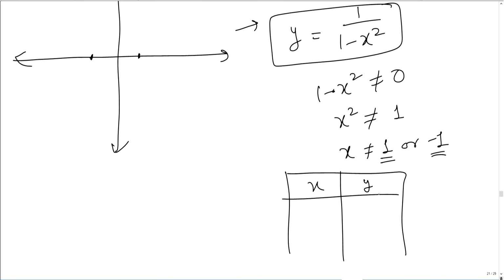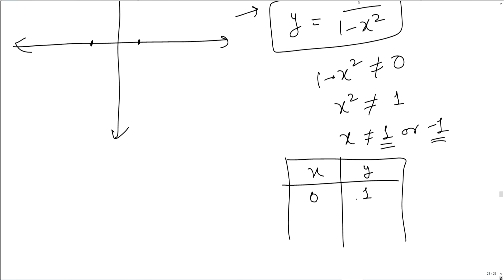So what if x equals 0? When x equals 0, the value of y would be 1. Now we know that x can't be 1 or minus 1, but that does not mean x can't be 0.99. So x can be very, very close to 1 and minus 1. So let us see what the value would be when x is 0.9.